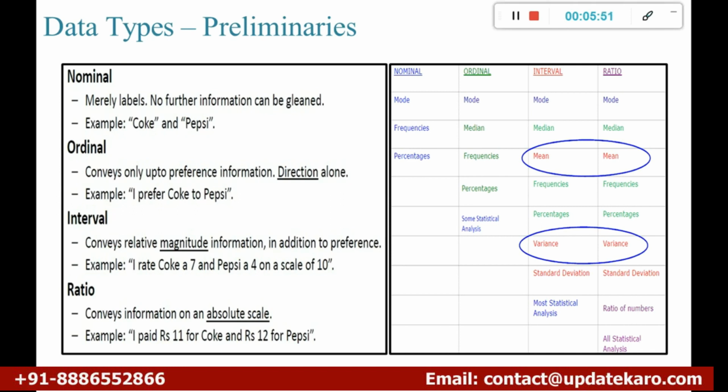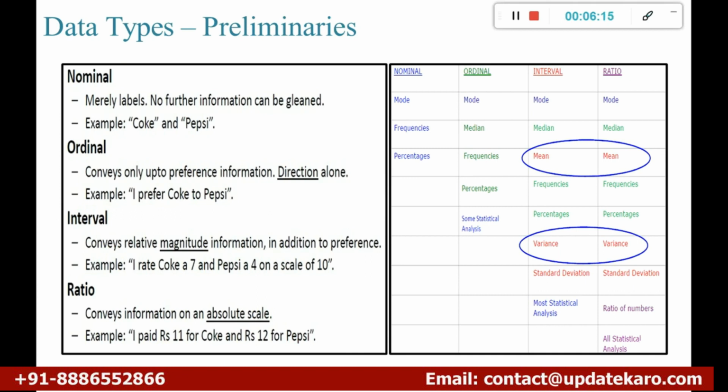When it comes to the ratio data type, it conveys the information on an absolute scale, which means it's not only 0 and above, but it can be below 0. Right?